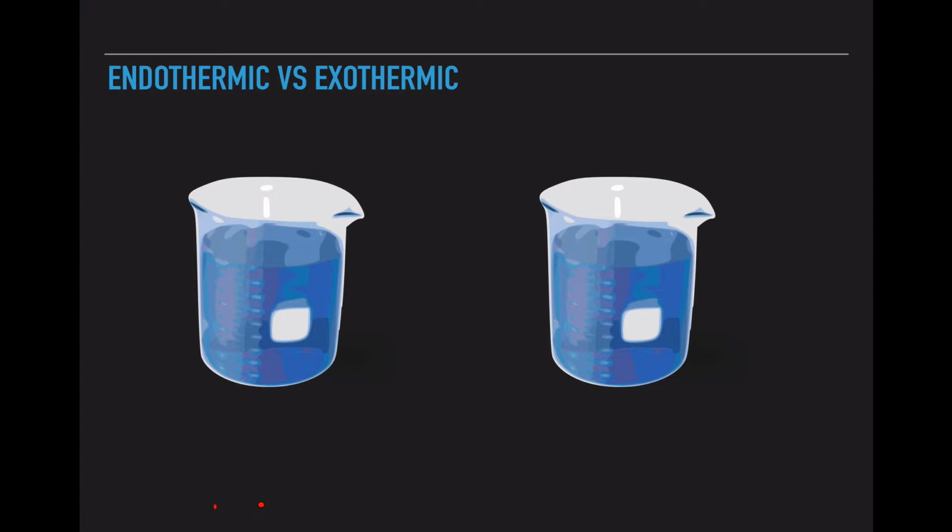So we're going to take a look at two of these examples in terms of pictures. Each beaker is considered the system, that is a closed system where the reaction is taking place. And outside the beakers is considered the surroundings. So we have two systems and all of the surrounding areas.